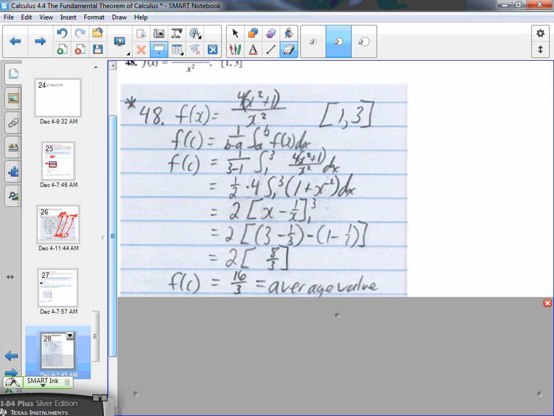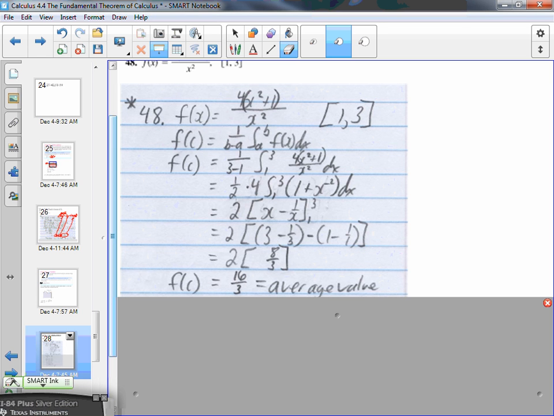Now, before we actually find the places where we get this average value, remember that means that the height of the rectangle that's the same, let me rephrase this. The rectangle that has the same area as the region has a height of 16/3.